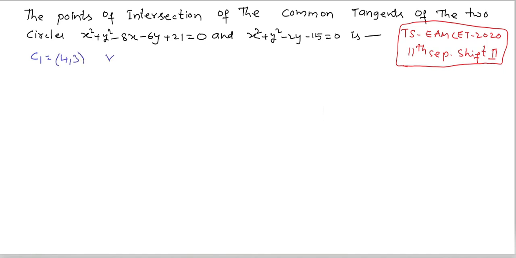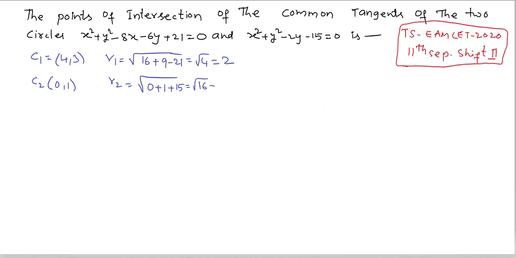The radius of the first circle R1 is equal to under root of 16 plus 9 minus 21, that is root 4, equal to 2. The center of the second circle C2 is equal to (0, 1). The radius R2 is equal to under root of 0 plus 1 plus 15, that is root 16, equal to 4.